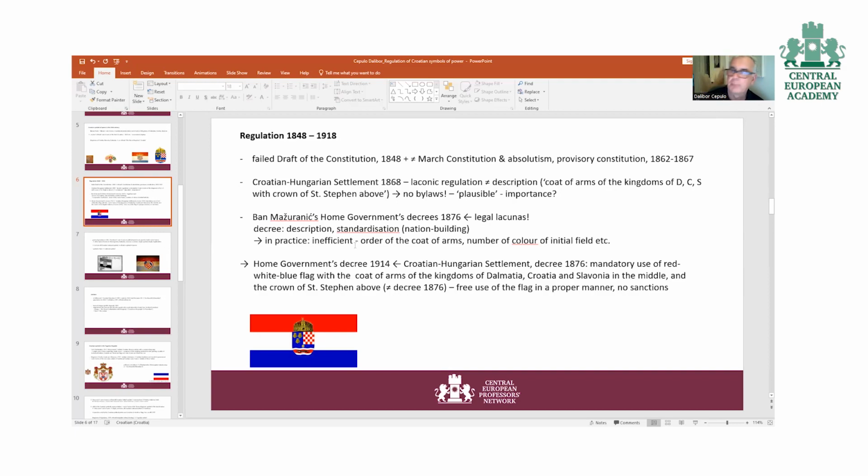The symbols appeared in different forms, with different numbers of fields, with different order of the coats of arms, and so on. So it was only the Home Government's Decree of 1948 that set a more standardized and more descriptive decree that set some order into the use of this official symbol.